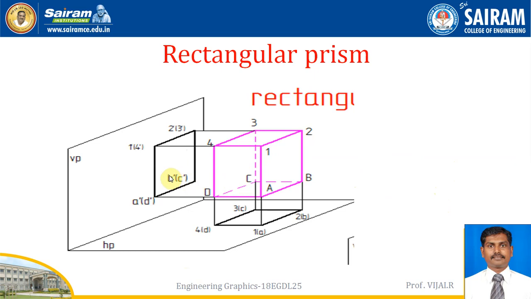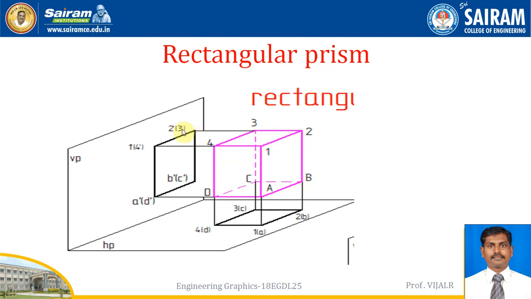The front view should be notated in small letters with a dash. A I can see, B I can see, 2 I can see, 1 I can see. This face I can see, but the back face, which is 3, 4, D, C, I am not able to see from this side.